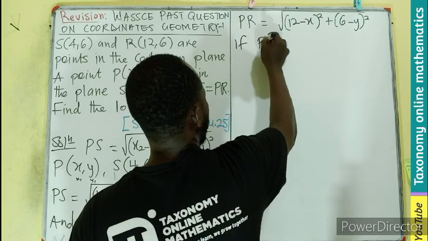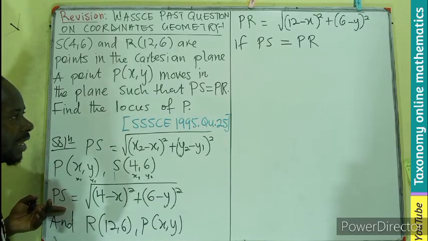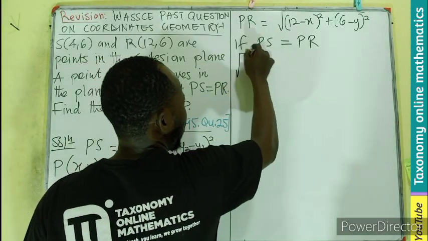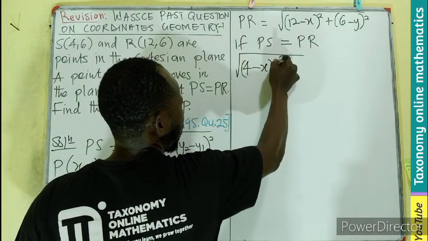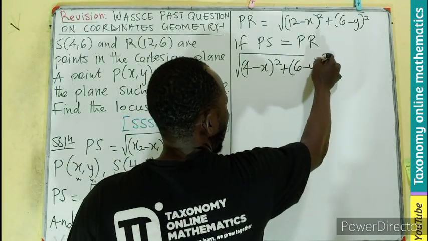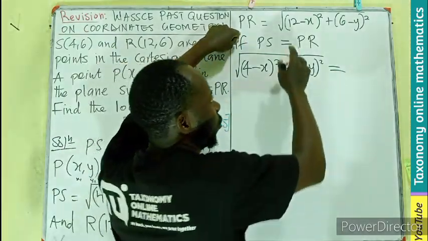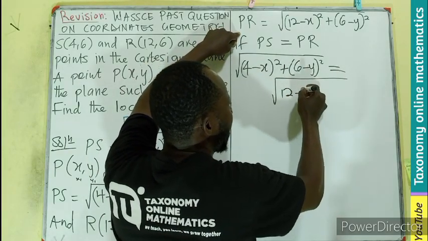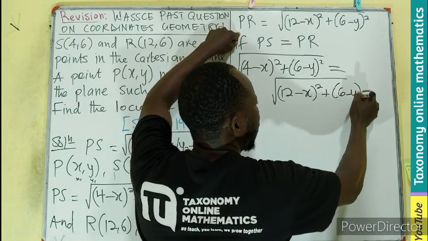So if we are saying that PS is equal to PR, the value we had here is the same as the value we had here, we can equate them: the square root of (4 minus x) all squared plus (6 minus y) all squared should be equal to the square root of (12 minus x) all squared plus (6 minus y) all squared.